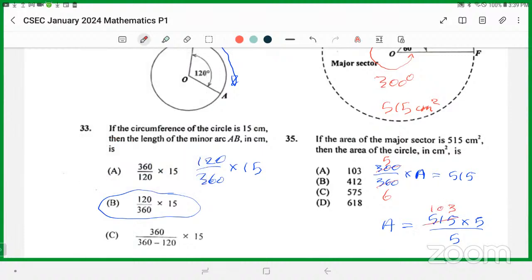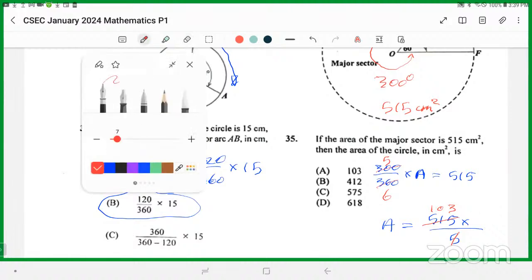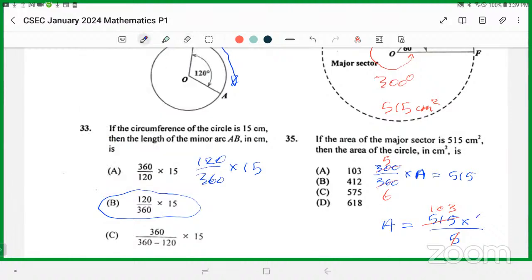I need a 6 back up here. I just need to multiply 6 times this now. So 6 times the 100 is 600, and 6 times the 3 is 18. 618 is the answer right here.